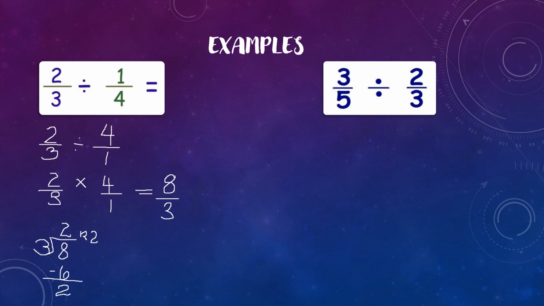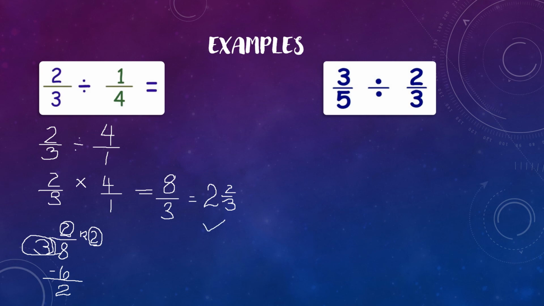So our final answer will be 2 and 2/3, because this 2 is the whole number, this 2 is the numerator, and our denominator 3 remains the same. And this cannot be simplified any further, so we're done.